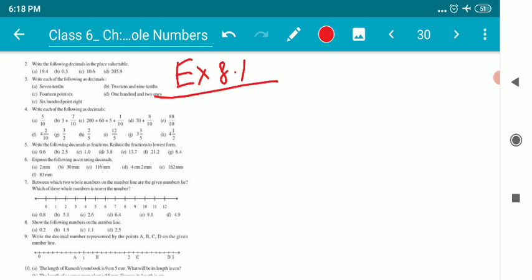So the next number is 5.1. Let us express this 5.1 as a fractional number first. 5.1 means it is 51 by 10. Yes or no? Because the moment we remove the point, we get 1 in the place of the denominator, and after the point there was only one digit, so I'm supposed to get only 10. So it's 51 by 10.